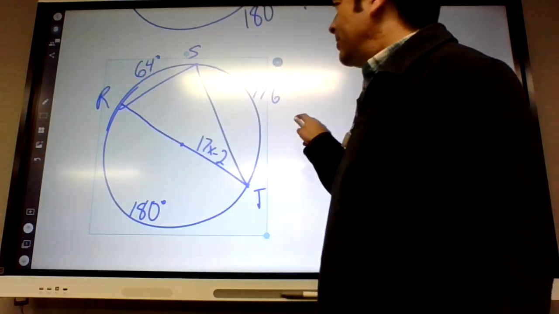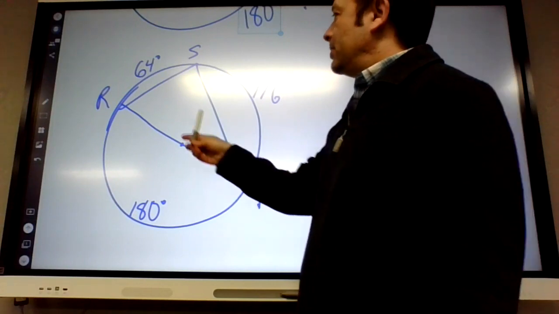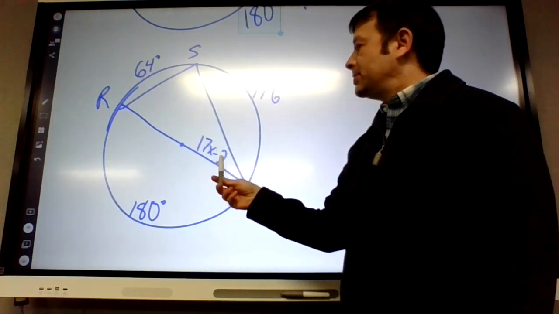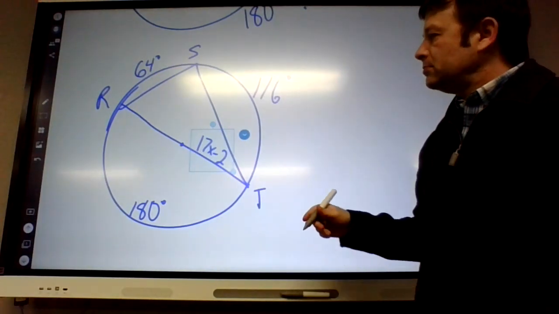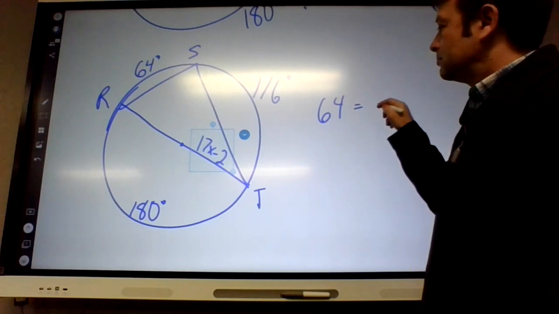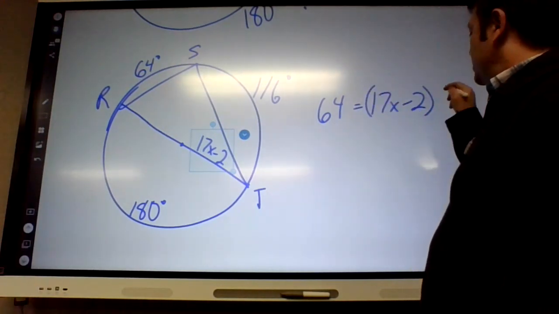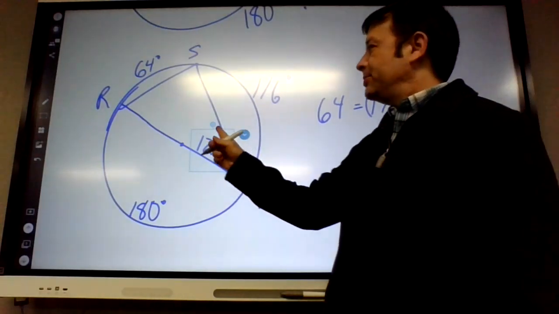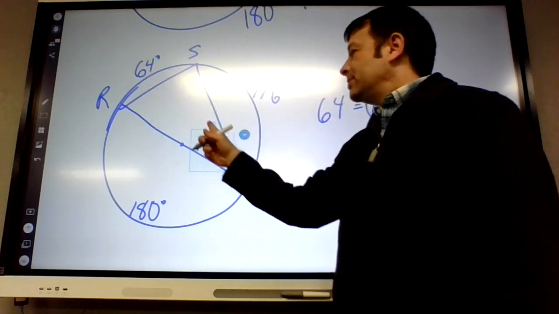So Shannon, if that arc is 64, and we're looking for x here, how do I write the relationship between these two, the equation? Yeah, you could do this times 2 equals that, or you could do this divided by 2 equals that.